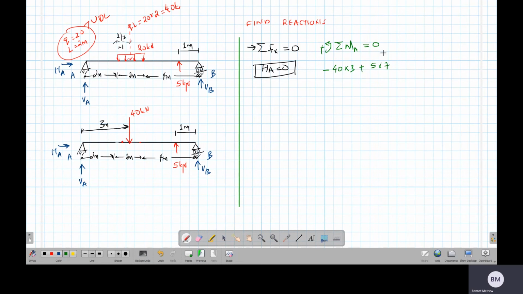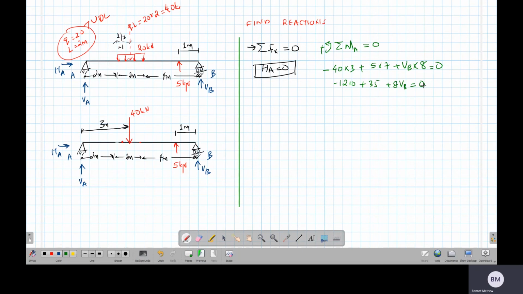Okay, then we have plus VB times 8, the length 4, 5, 6, 7, 8. VB, this force is upward, so it is also positive. This should be equal to 0 because summation of all moments about A equal to 0, because it is in equilibrium. So minus 120 plus 35 plus 8 VB equal to 0.